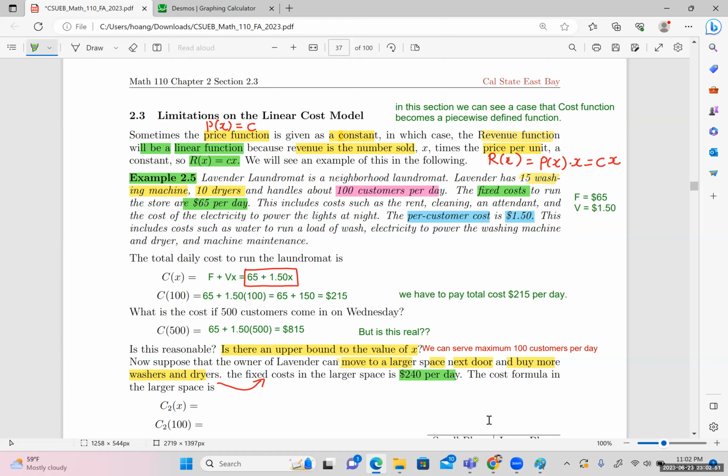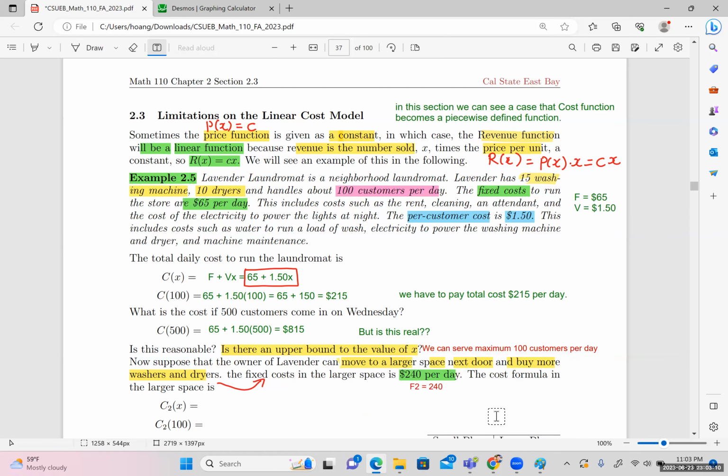So this is the new fixed cost, right? And I would say F2 is 240. Okay.